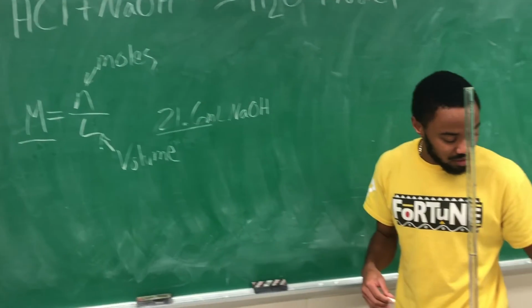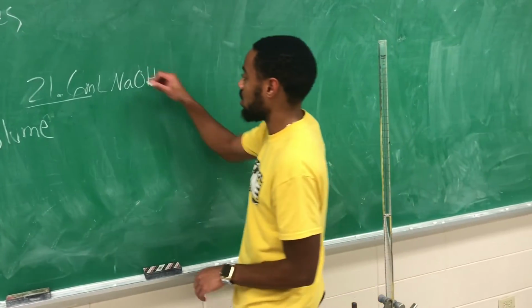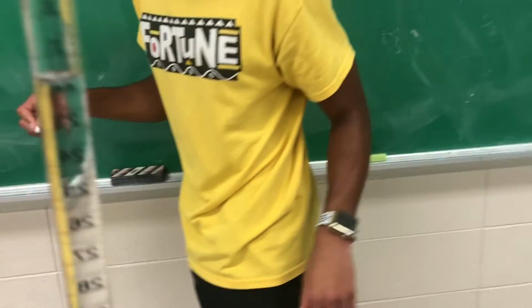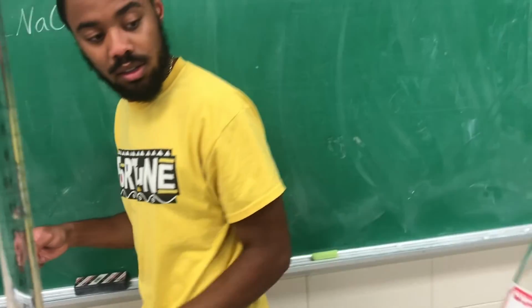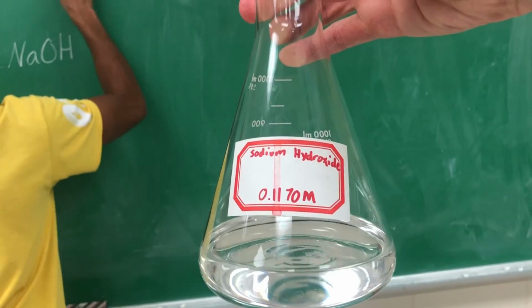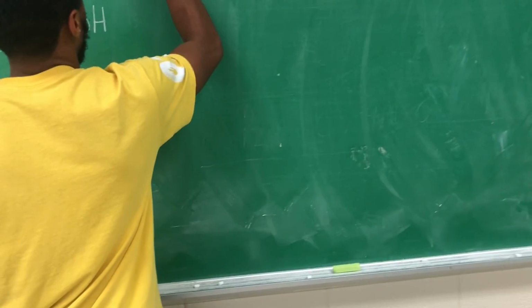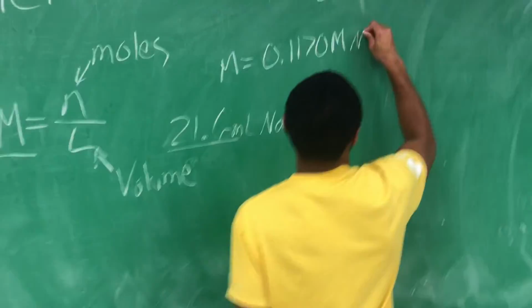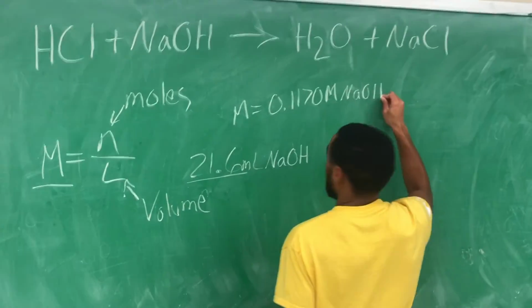So the molarity of the NaOH is, yes, you can see it right there, 0.1170 molarity of NaOH.